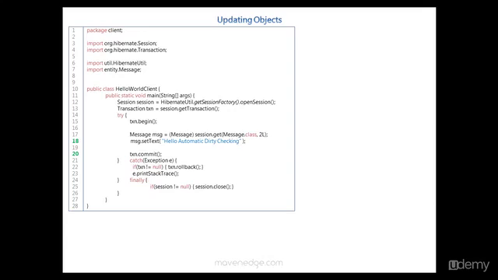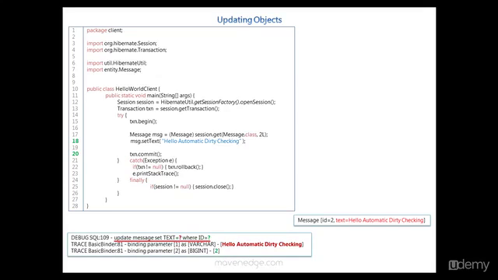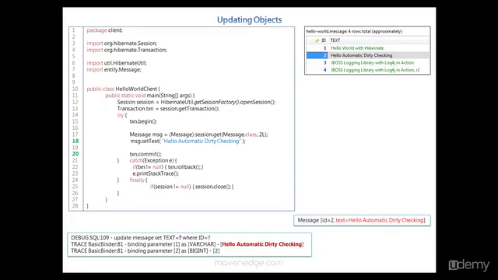So once the line 18 is executed, the state of the text attribute of the message object will be changed to Hello Automatic Dirty Checking. And once the transaction is committed on line number 20 here, Hibernate is going to execute this update statement and make the modified state of the message object persisted to the message table. And here's the state of the updated message table.